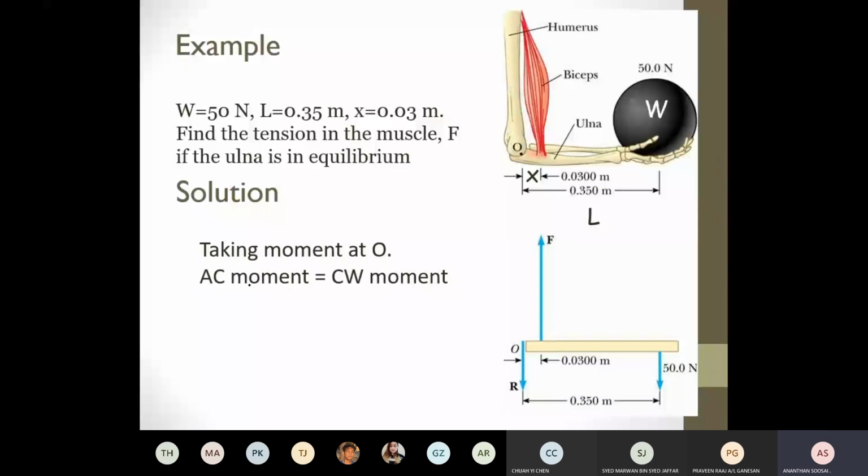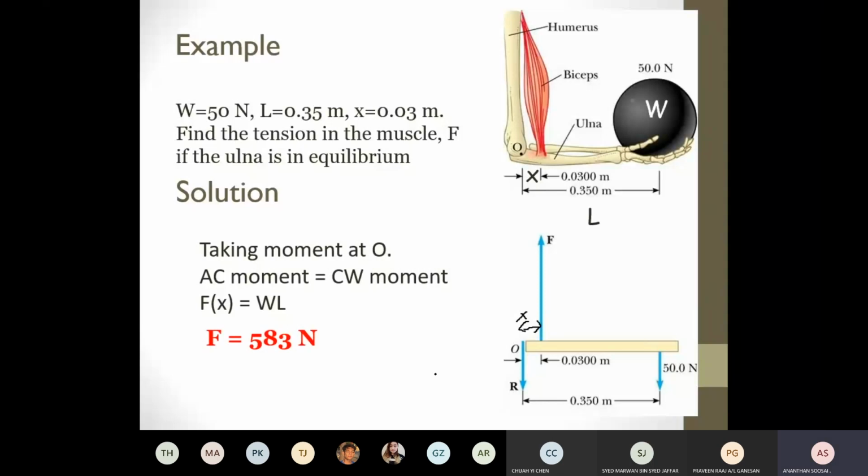The counterclockwise moment must be the same as the clockwise moment. So F times X equals W times L. L is 0.350, so you should get 583 Newton.